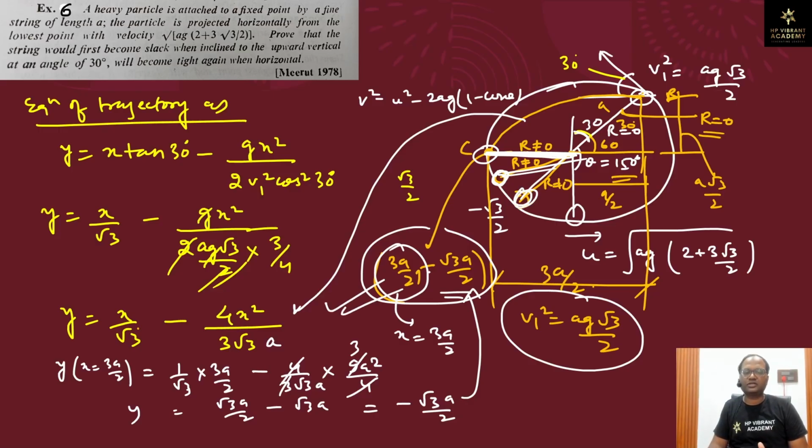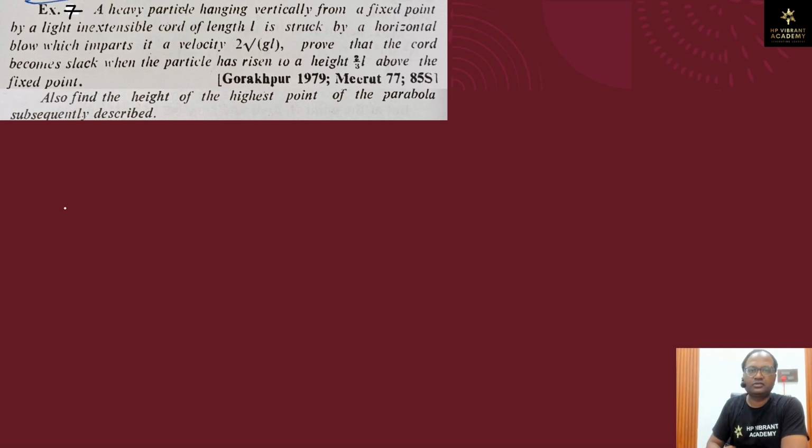Okay. So let us solve question number 7. A heavy particle hanging vertically from a fixed point by a light inextensible cord of length L is struck by a horizontal blow which imparts it a velocity 2 root under GL. Prove that the cord becomes slack when particle has risen to a height 2L upon 3 above the fixed point.